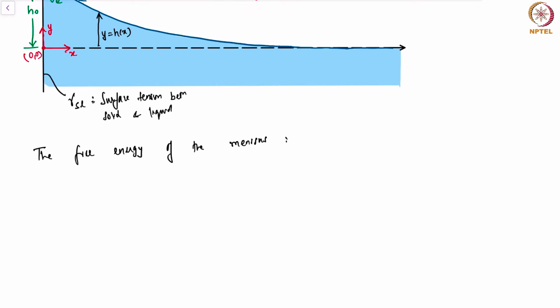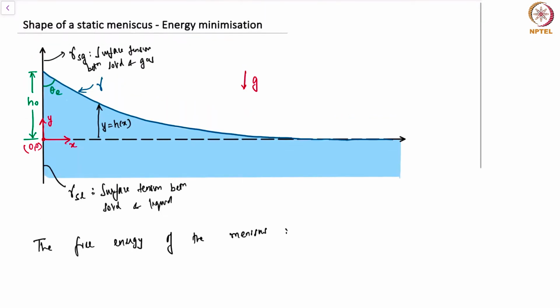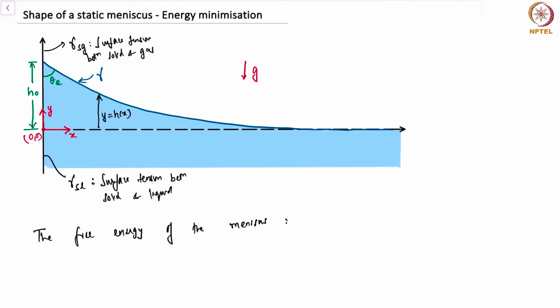The original state is where we did not have a liquid bath. So let me make a rough sketch of that. If we do not have a liquid bath, then the fluid would just be in a horizontal configuration, and this configuration is without a plate. It's just a flat interface.